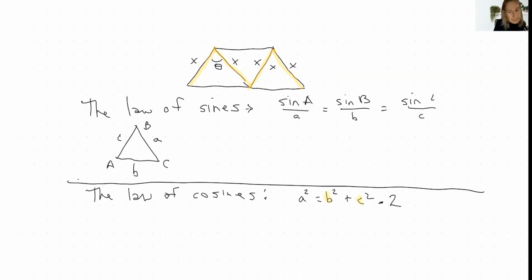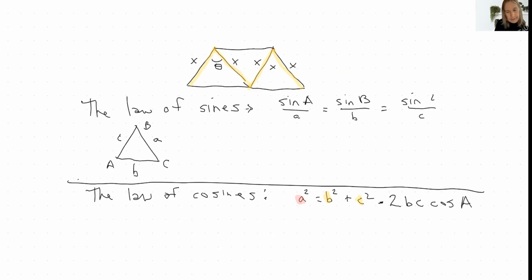So 2 times b times c, and then times the cosine of the angle that corresponds to A. So it would be cosine of A, capital A.